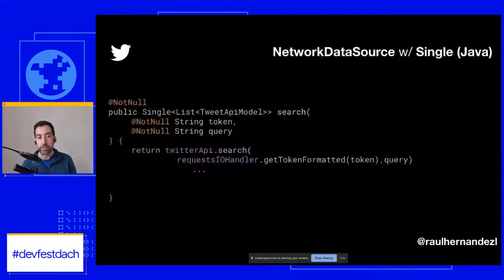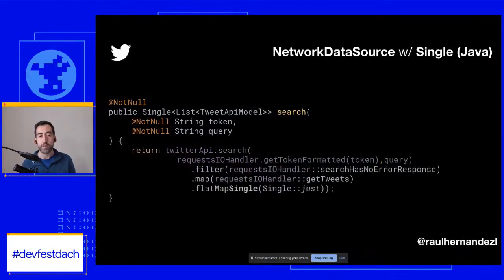Now, for the method used in that, I originally passed in the Java function a single with a list of tweets. As this is an authenticated query, I pass a token and then the query that the user is typing. I search for this in the Twitter API with the token as one of the parameters, and then filter the things just to see if this is proper or not, mapping those tweets and passing this as a single.